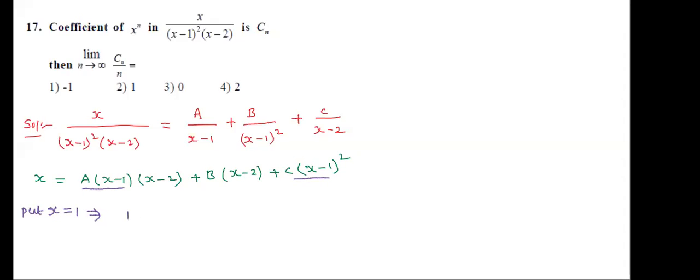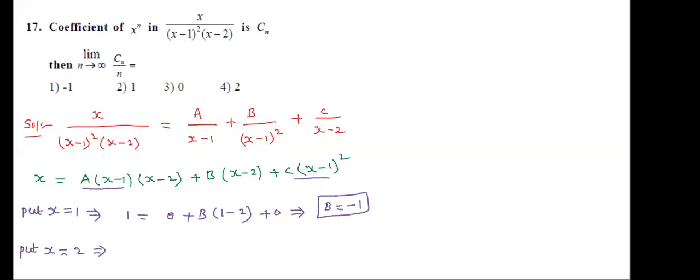Now 1 is equal to 0 plus b into 1 minus 2 plus 0. Students, observe here, what is the b value? B value is minus 1. We got b.